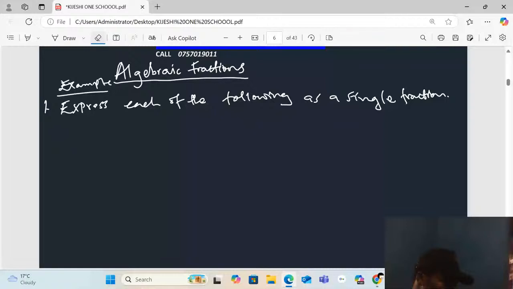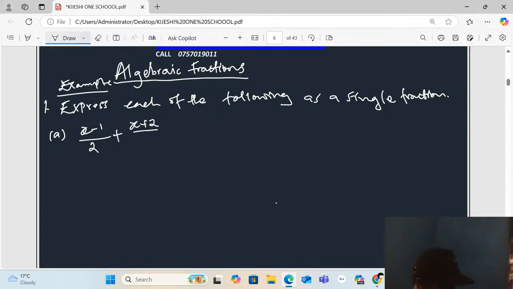So A, we have x minus 1 over 2 plus x plus 2 over 4 plus x over 5.